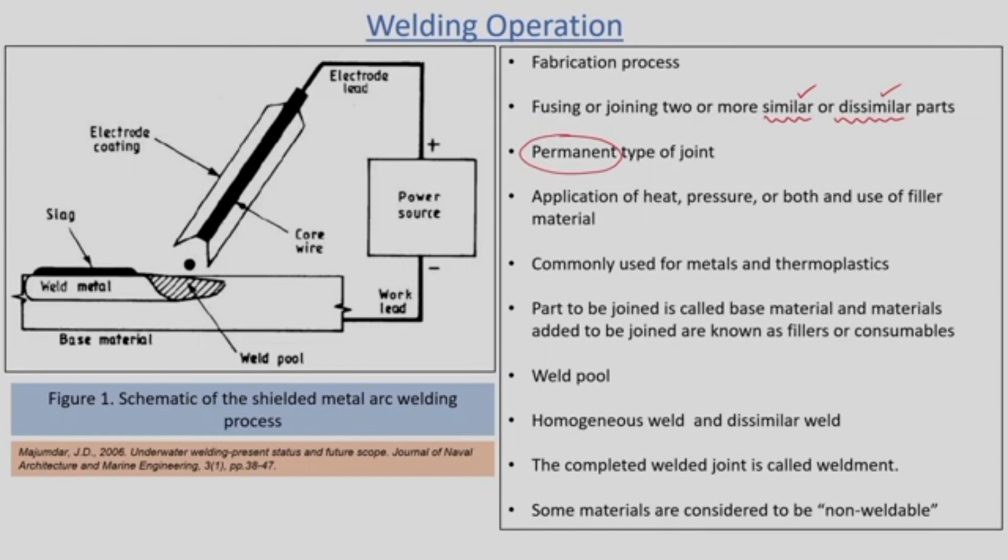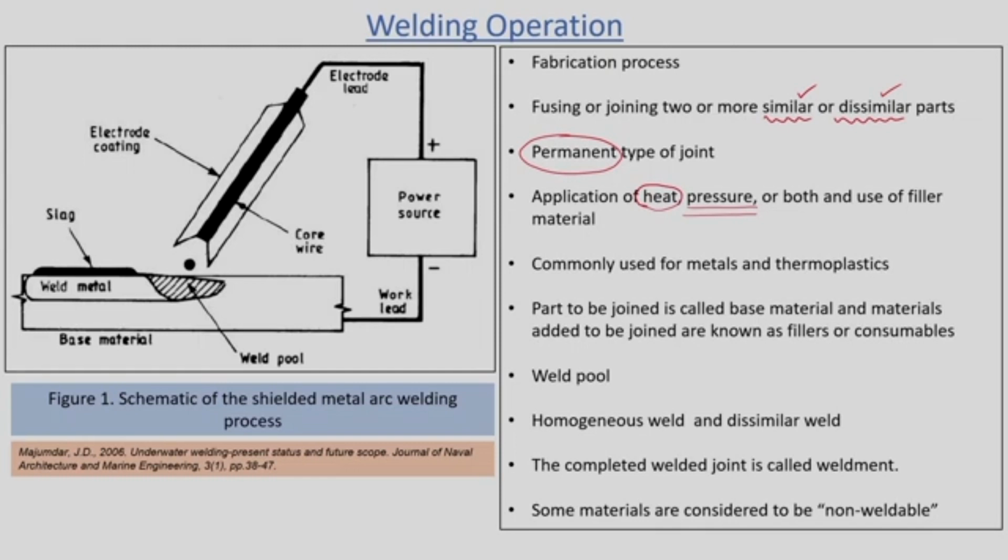So, how we weld or how we join these two materials together, we have to use the heat, thermal energy, and we use the pressure, or we use both simultaneously to join the two materials together, and then we get the bonding strong joint of two materials which is further being used.